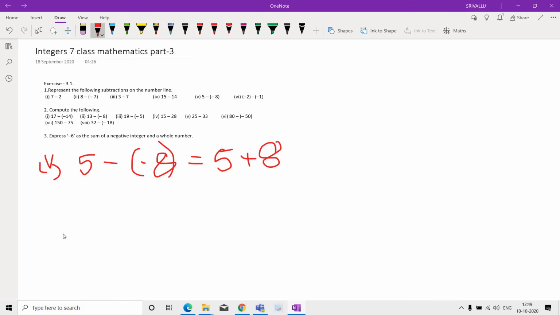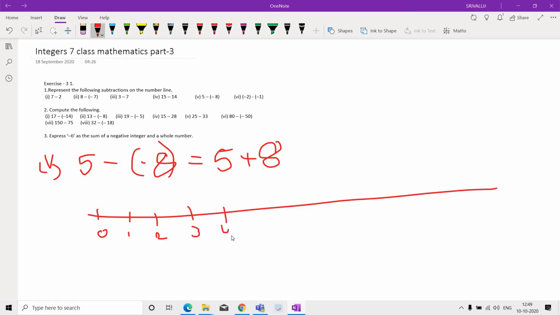So I am doing it now on the number line: 0, 1, 2, 3, 4, 5, 6, 7, 8, 9, 10, 11, 12, 13, 14, 15.